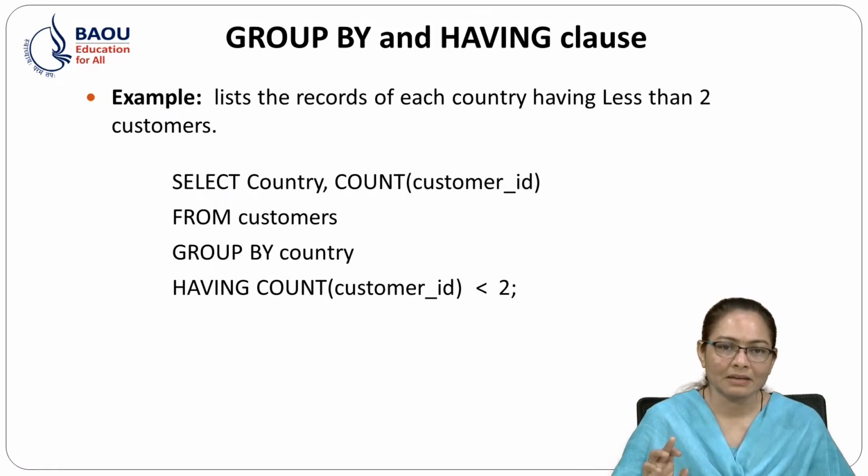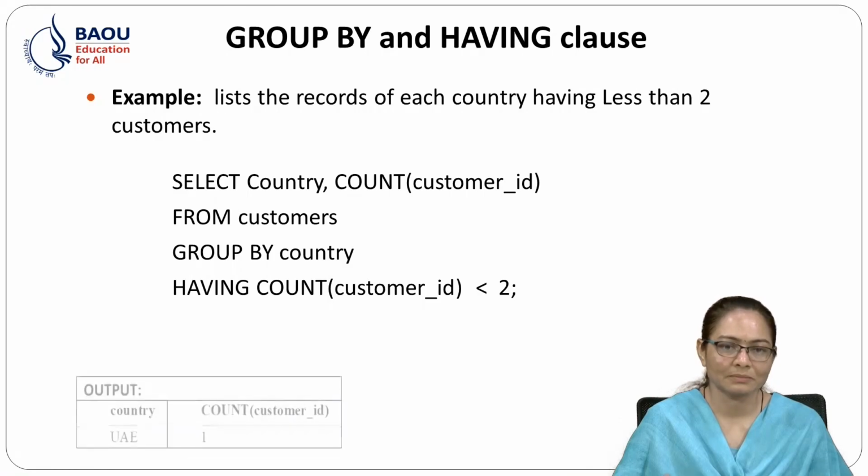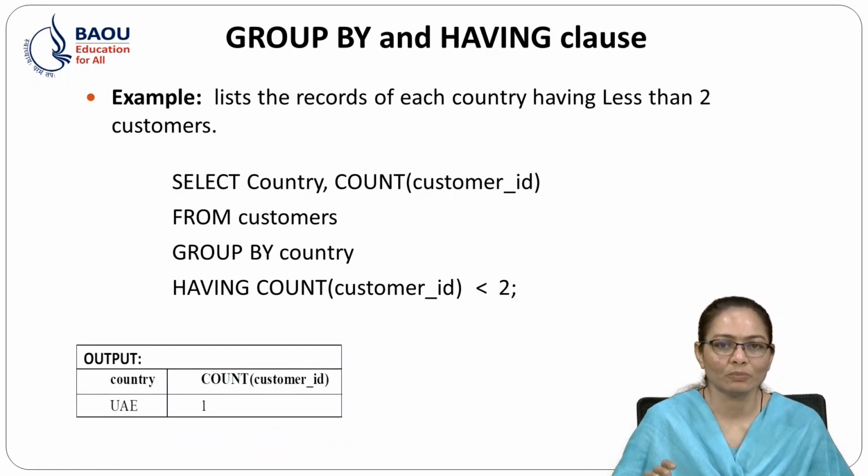See, the country is used with the group by, and the count aggregate function is used with the having, and you can give the condition as per your requirements. See the output. Here in the output, data is filtered from the group by clause.